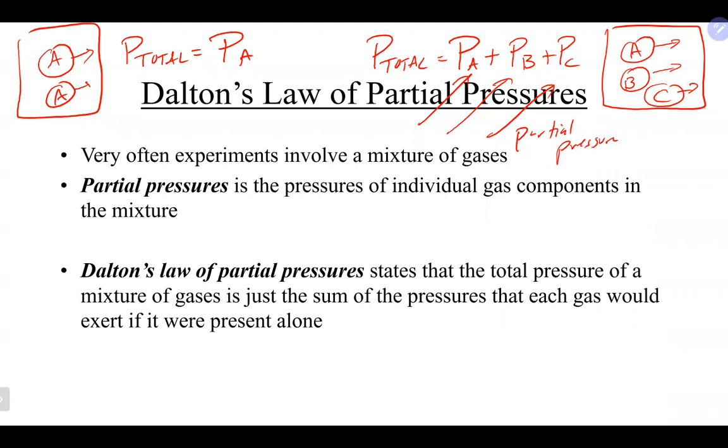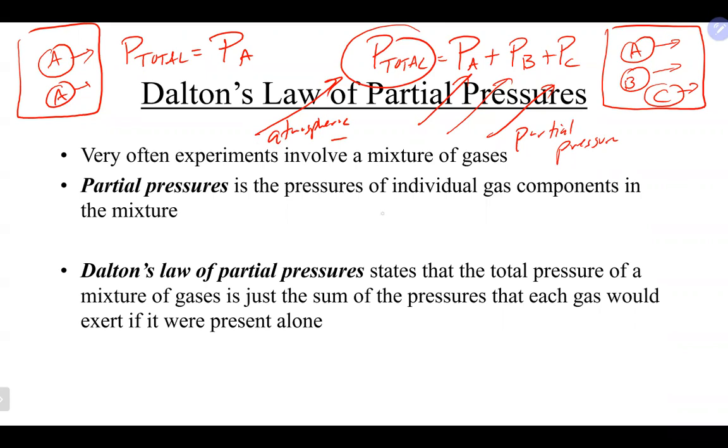So to find the overall pressure, which by the way, in an experimental situation, is the atmospheric pressure, like when you read the barometer in class, that would be the total pressure. To find that, we basically just add up all the partial pressures together. How do we find the partial pressures of each of these gases?